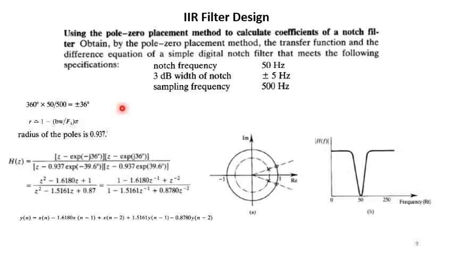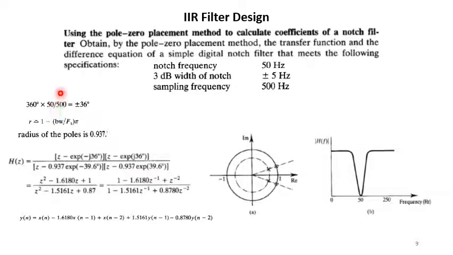So to find the zeros based on the given information, 360 multiplied by 50 divided by 500 will give us 36 degrees. But you know that poles and zeros either must be real, or if they are not real then they must be complex conjugates.